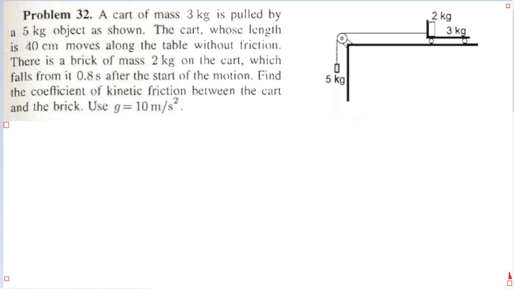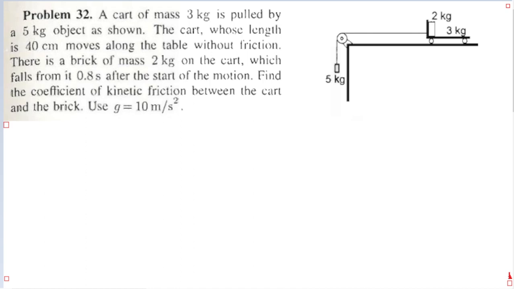And as we are observing, this 5 kg is greater than the weight of the cart, therefore by the weight of the block or mass, the cart will move in the forward direction, and when the cart moves in the forward direction, the brick will slip on the surface of the cart.